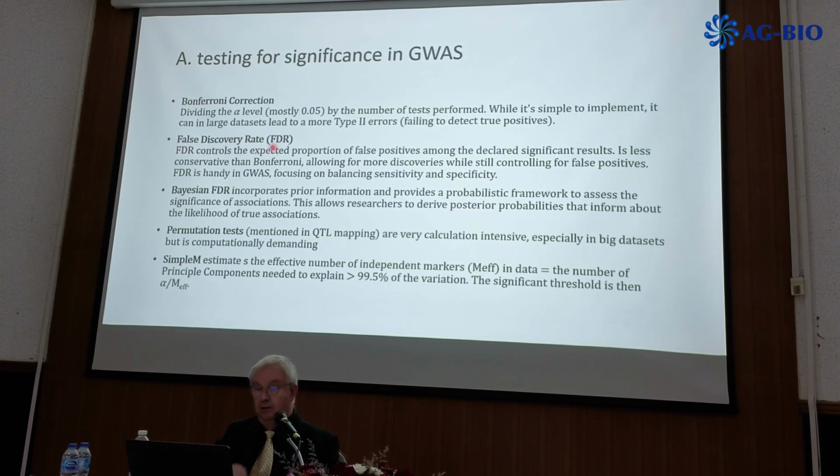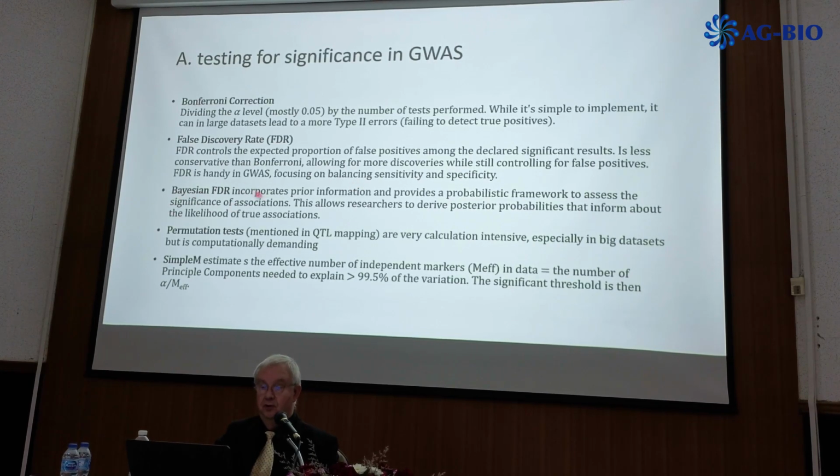False discovery rate is the test that you use to control the expected proportion of false positives among your declared significant results. It is less conservative than Bonferroni and allows you more discoveries while still controlling false positives. False discovery rate is handling the genome-wide association, focusing on balance, sensitivity, and specificity.